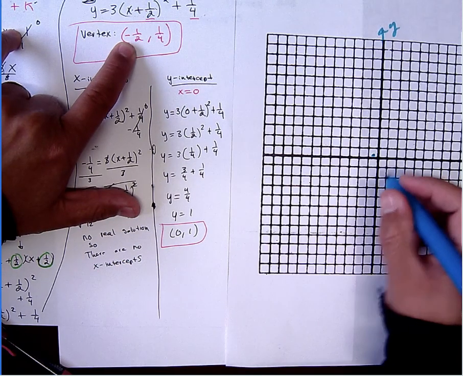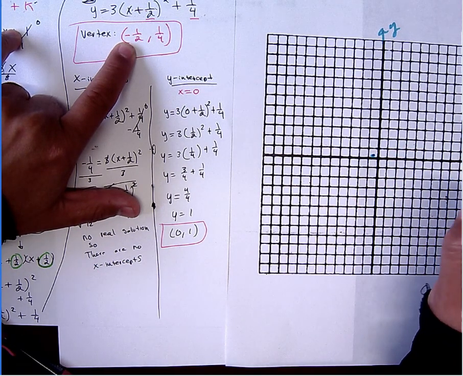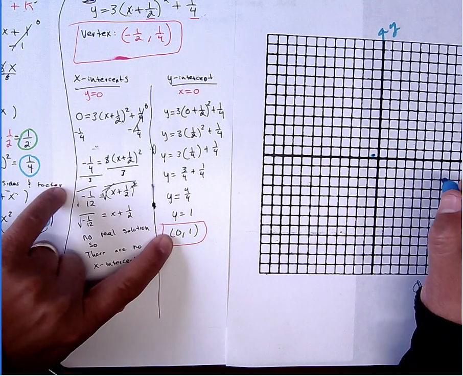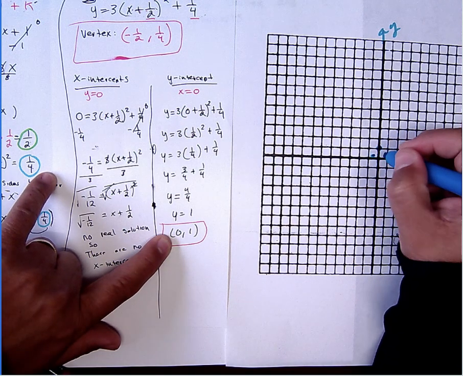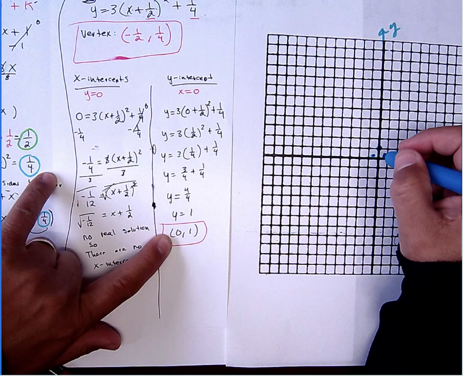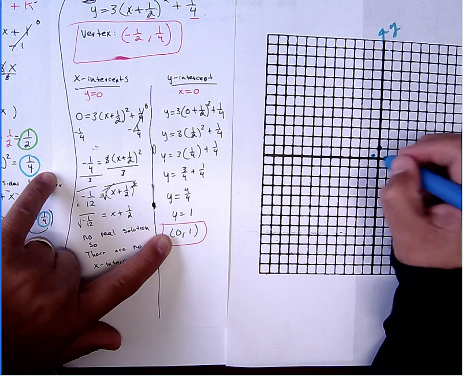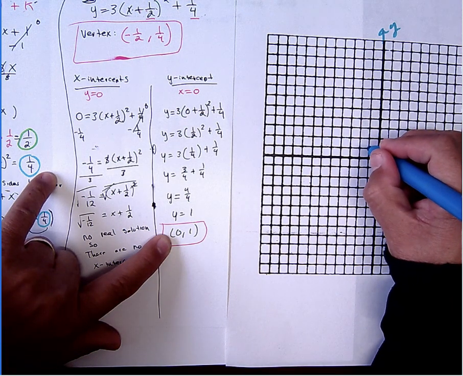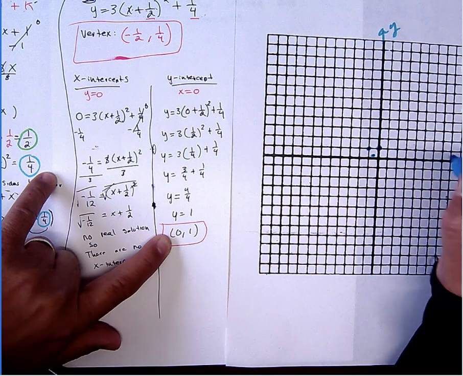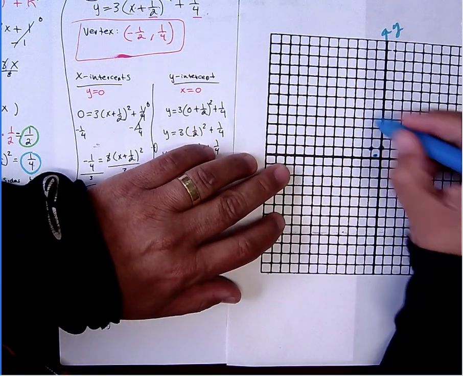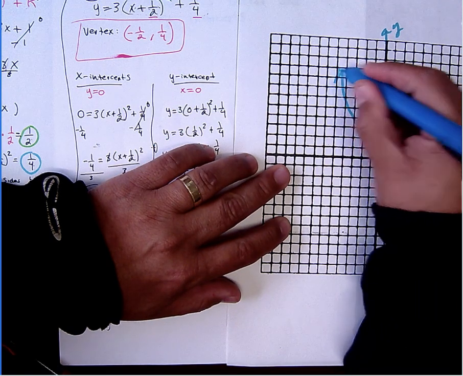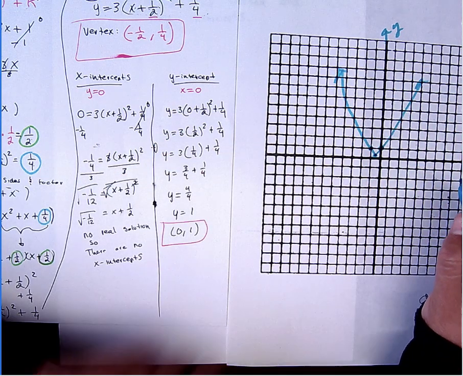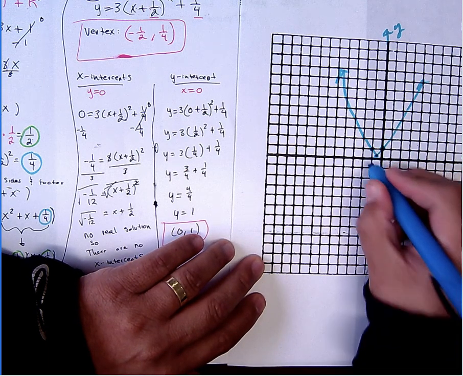It's right there, above the line, above the x-axis. And then the y-intercept would be 0, right here. So this one has to touch it because they have to be symmetrical. So the graph goes like this. So there's no x-intercepts. It just has a vertex.